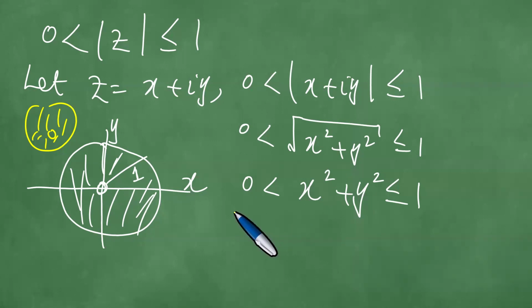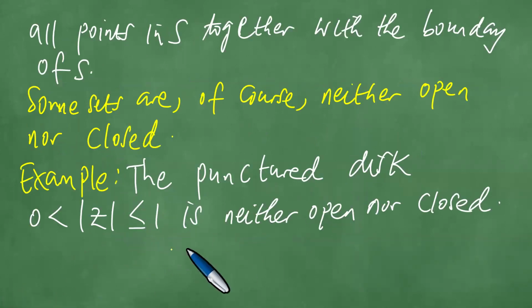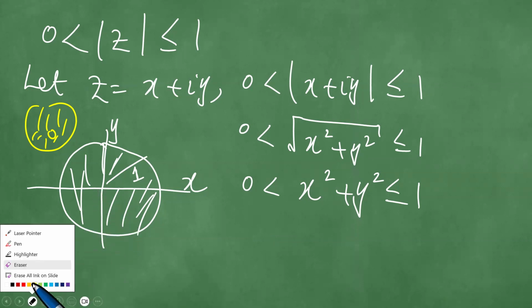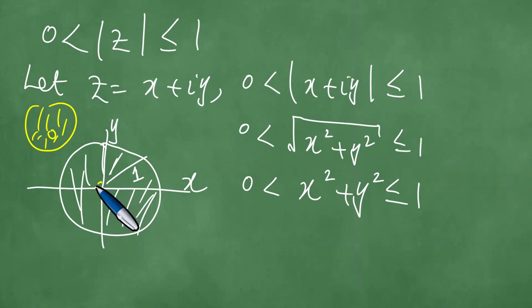So what are we trying to say here? As we're saying, the punctured disk is neither open nor closed. This is very, very important for us. I want to be very accurate in the way I describe it.